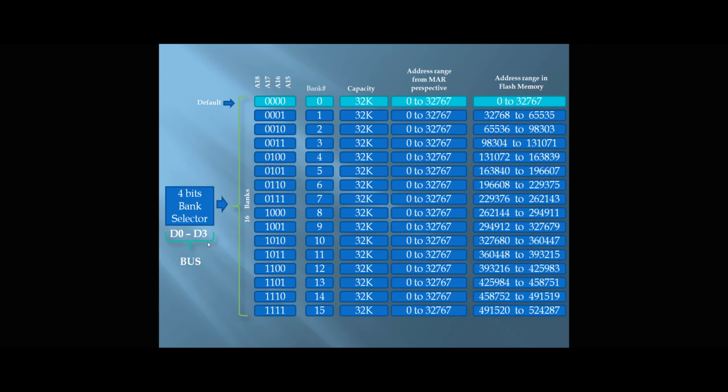This is just our solution to divide that big flash memory space into different banks, right? From the flash memory's perspective, it is just a continuous memory address from 0 all the way to 512K. But here we just need to be creative and come up with these banks, logically, and I would say artificially, dividing our flash memory into different banks.